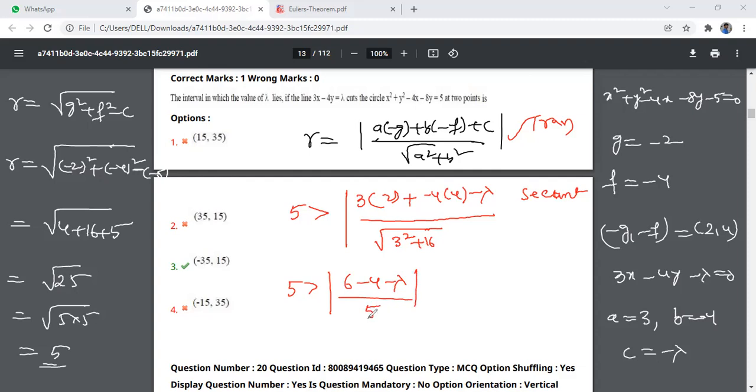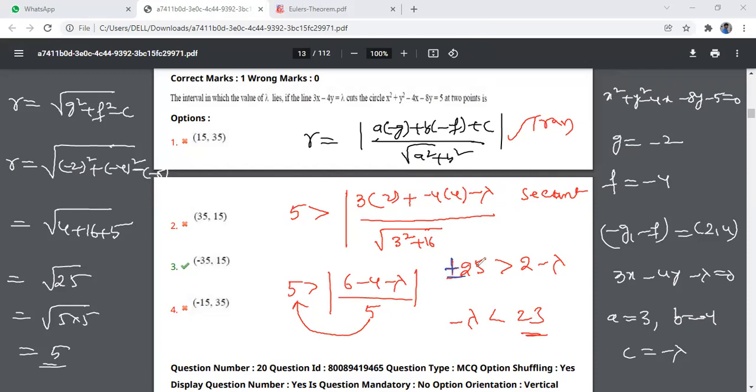I'm writing just 5. Now if you remove this mod, 5 will go this side, that means 25 is greater than 6 minus 4, 2 minus lambda. If you put 2 on that side, minus lambda is less than 23. So lambda should be, one second. Removing this mod, you just take plus or minus.